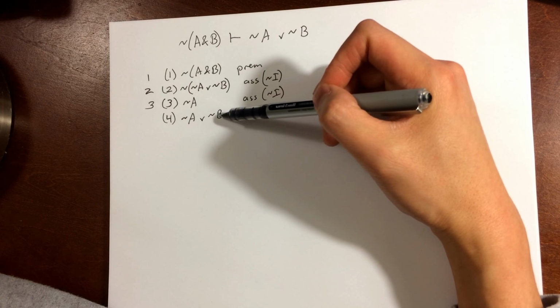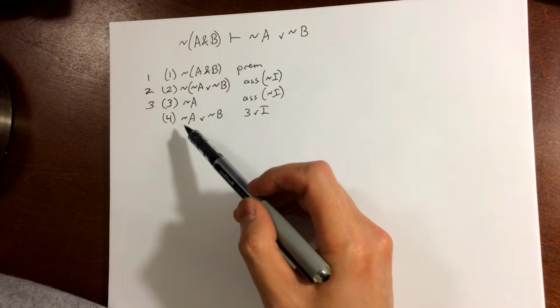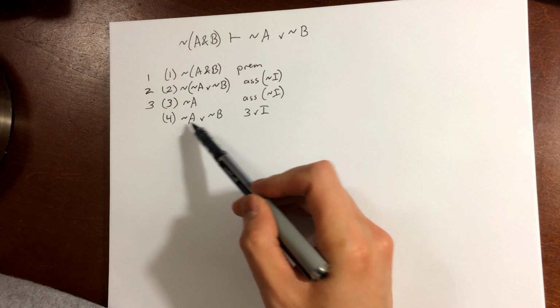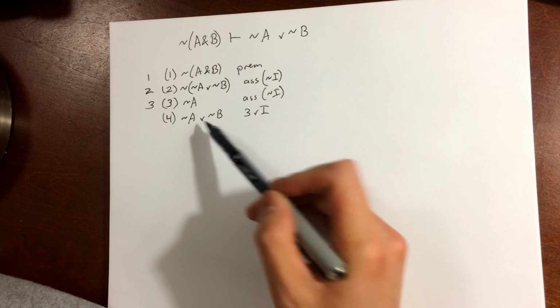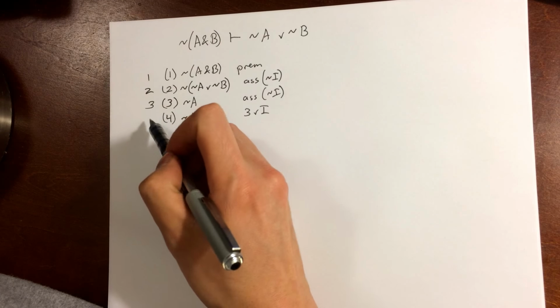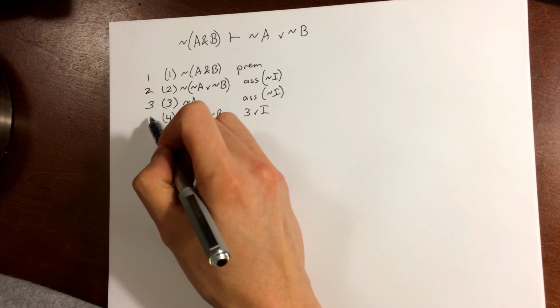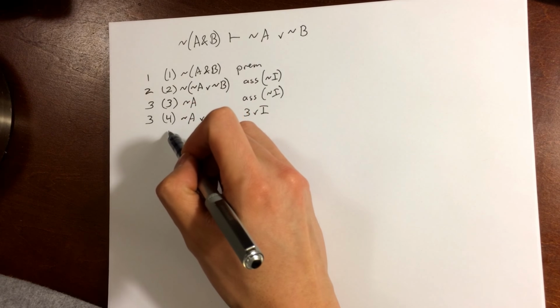We don't know whether not B is true or false, but that doesn't really matter, because as soon as you know one of the disjuncts is true, the whole disjunction becomes true. So that's a sort of mini explanation of or introduction.